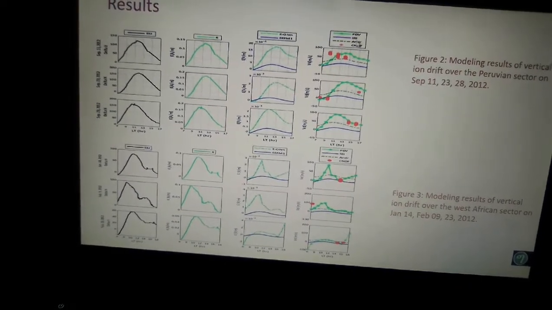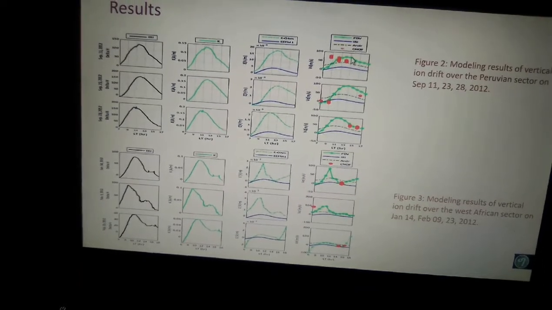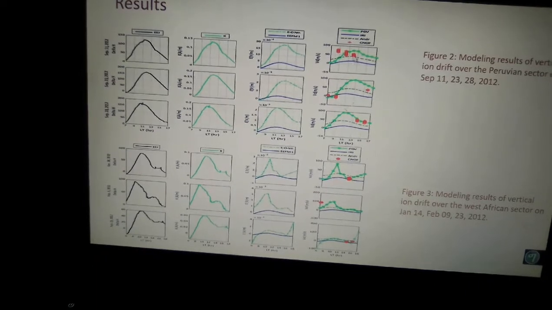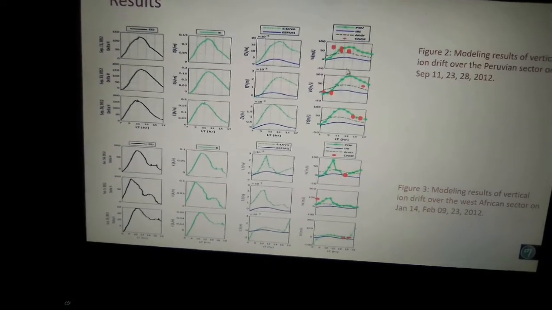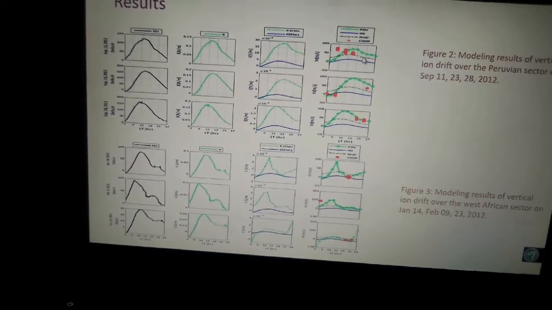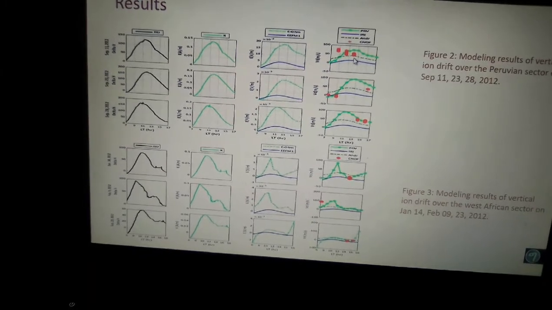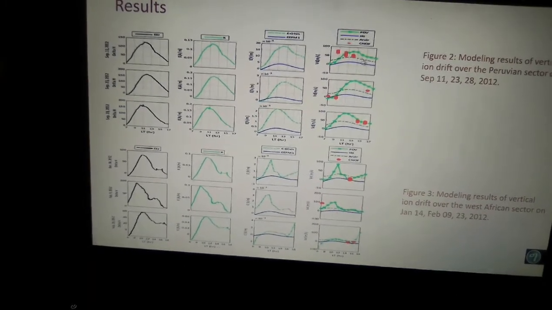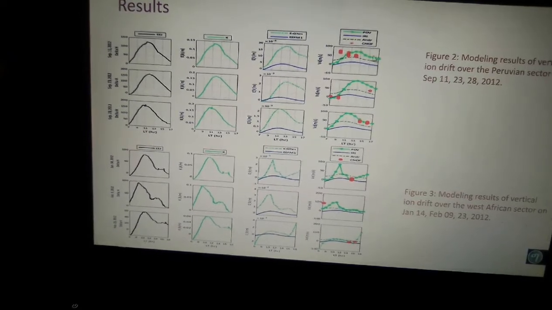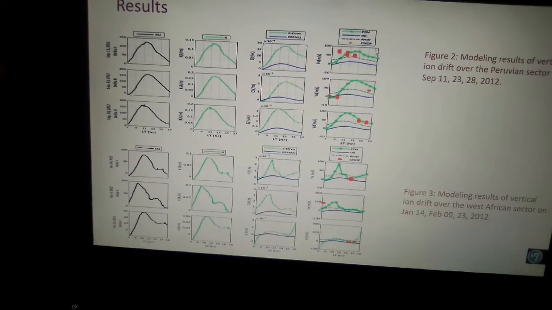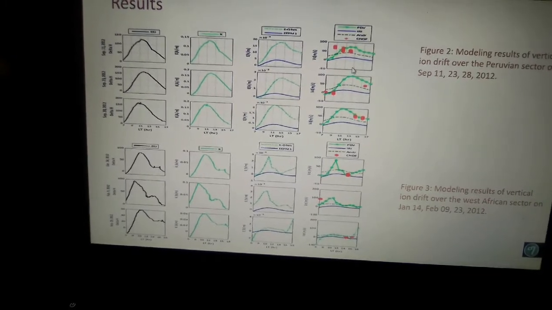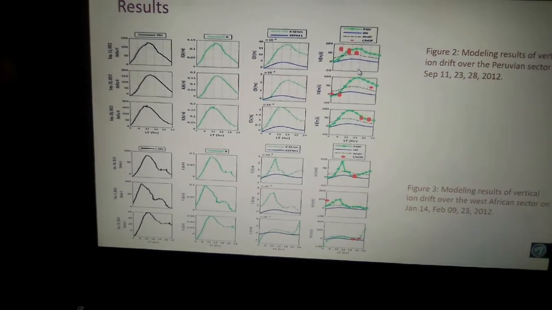The fourth one is the vertical drift. Our final goal is to find this one, the vertical drift. So we have evaluated it with other models, the Scherliess and Fejer model, and the Anderson model, the broken green line. The bold green line is our model, and the red dots are the observations from the satellite.